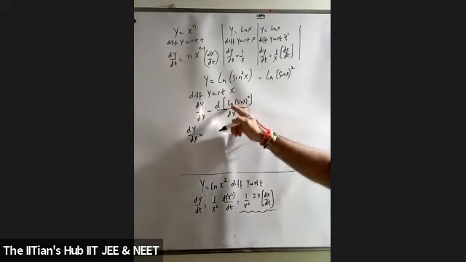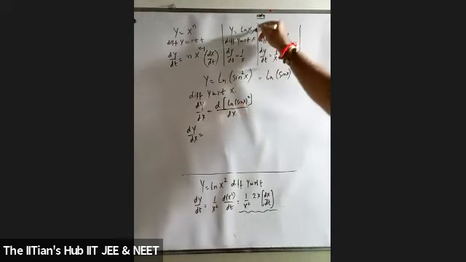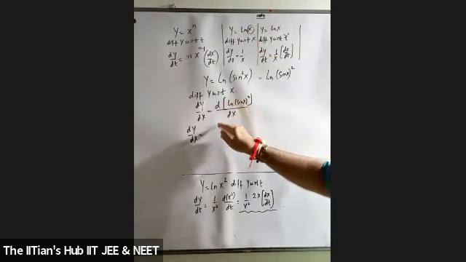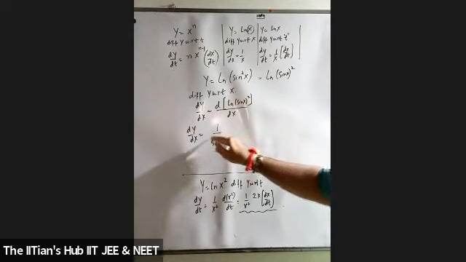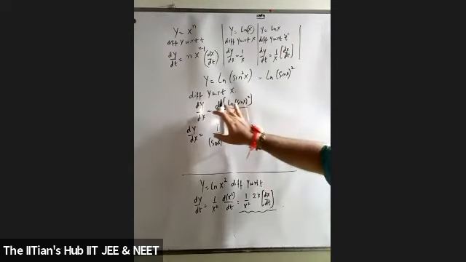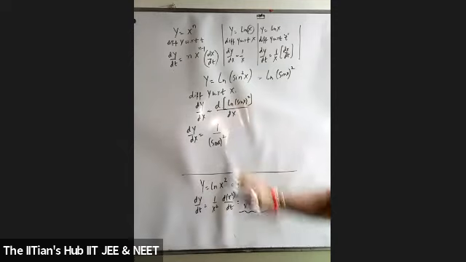That means the first is this part, students. Look, ln x first, what will happen? This part comes. What is differentiating ln x? 1 by x. What is differentiating ln? So this will be sin x the whole square. Is this clear, students? Differentiating ln x gives 1 upon x, so 1 upon sin square x.